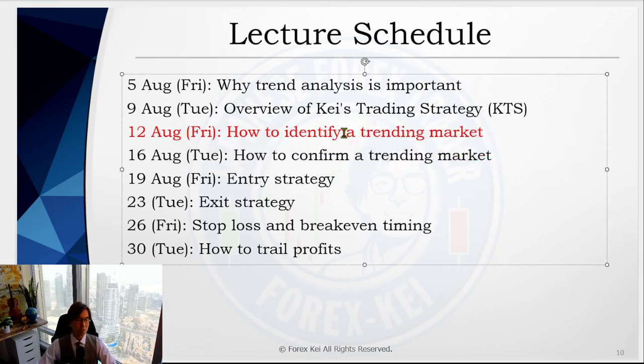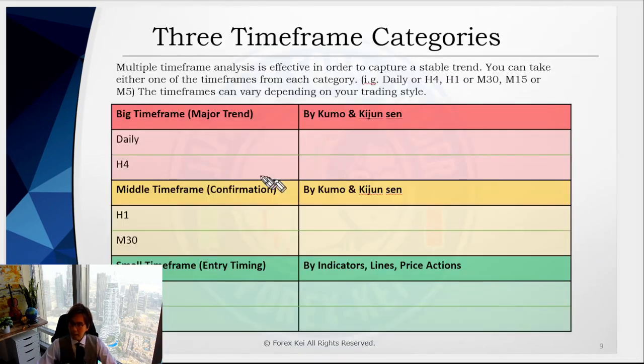So this video is particularly about how to identify a trending market based on the daily time frame or the 4-hour time frame. Because on the previous video, the overview of my strategy KTS, as I mentioned, I take either daily or 4-hour time frames.